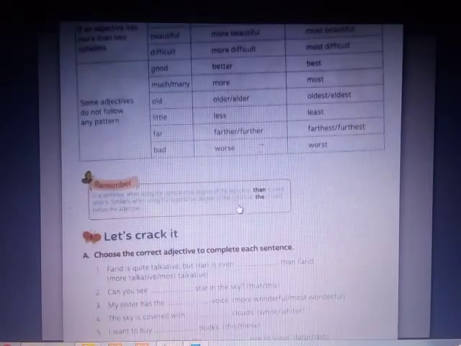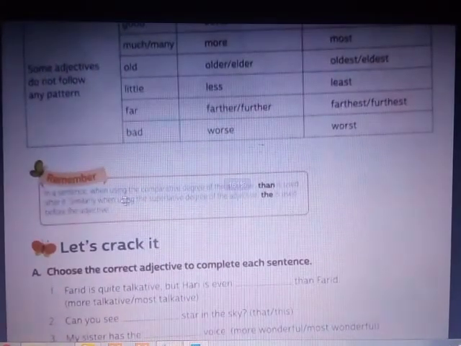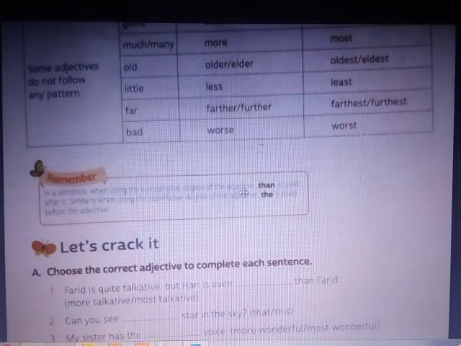Okay, so remember, in a sentence, when using the comparative degree of the adjective, than is used after it. Similarly, when using the superlative degree of the adjective, the is used before the adjective.